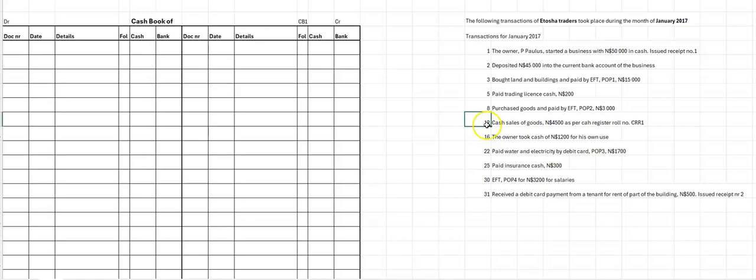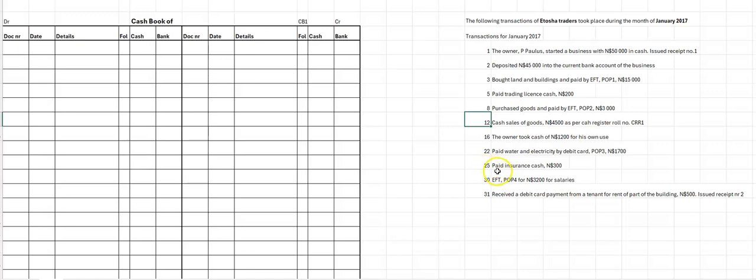Then we have on the 12th, cash sales of goods. So he sold $4,500 worth, as per cash register roll number CRR1. On the 16th, the owner took cash of $1,200 for his own use. Then on the 22nd, paid water and electricity by debit card, proof of payment 3, of $1,700.